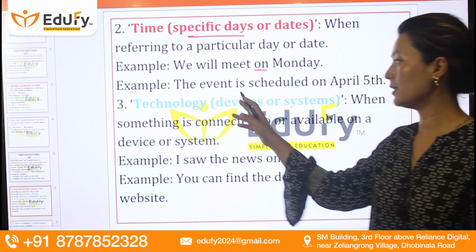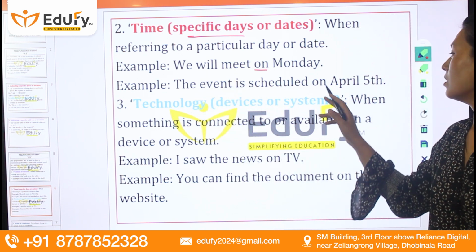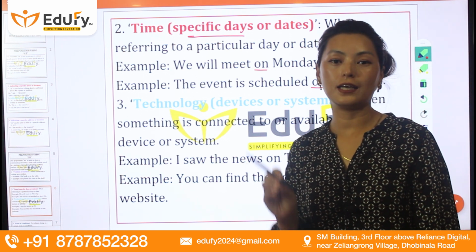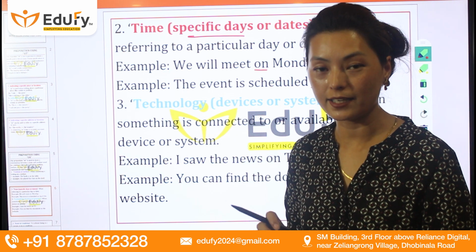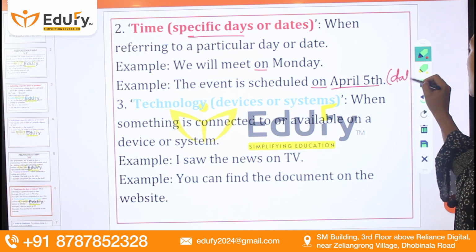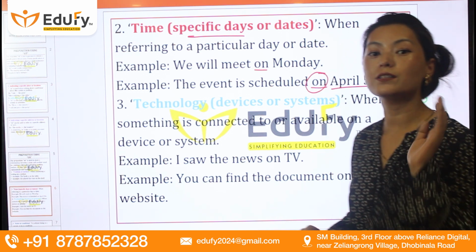Similarly, if you look at the next example, you will see the event is scheduled on April 5th. So April 5th is a specific date again. If anywhere you find dates, then you will have to write the preposition on when it is referring to the time.